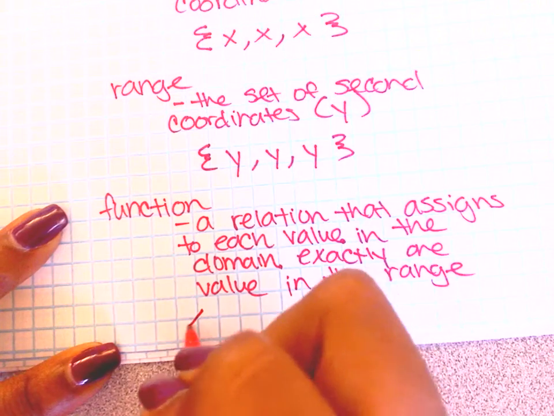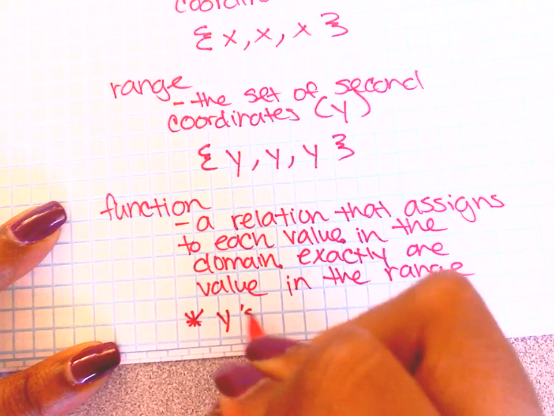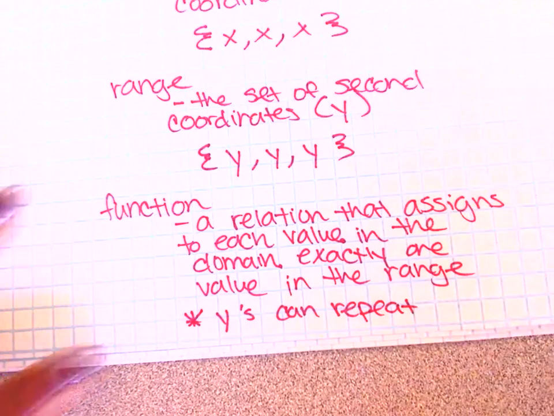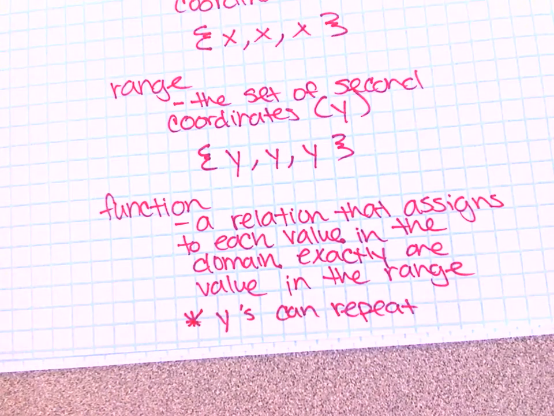So if you want to put a little star, put the y's can repeat. Which means I can have a set of numbers that has maybe -3, 2, and -1, 2. That the y's, that 2, can repeat, but the x's cannot. Pencil up when you're ready for me to give you the next word.